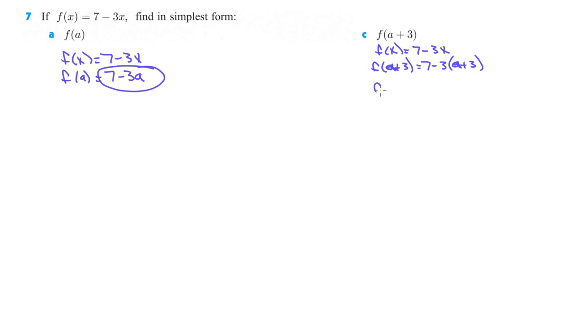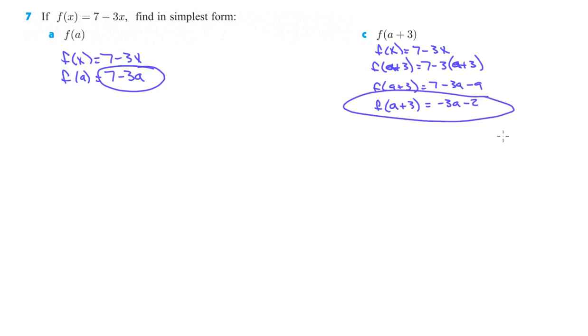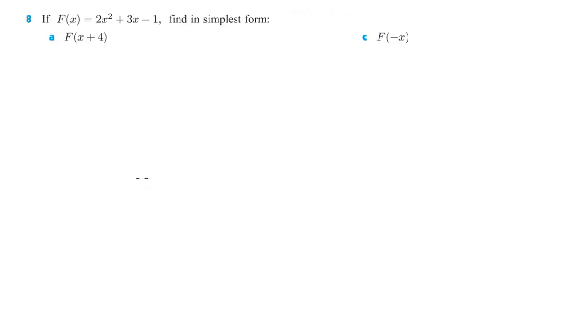So the function of a plus 3 is 7 minus 3a. And negative 3 times 3 is minus 9. So the function of a plus 3 is going to be negative 3a, and 7 minus 9 is negative 2. Okay? All right.